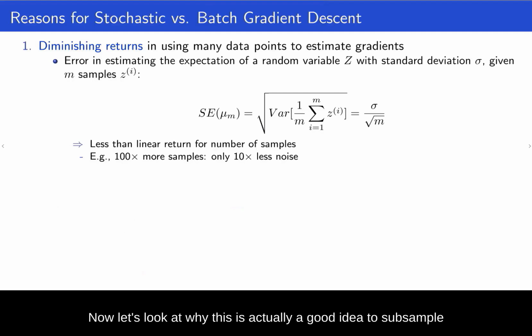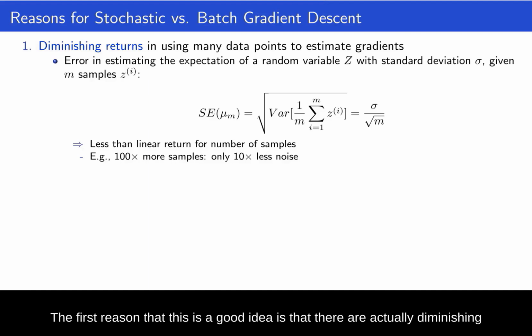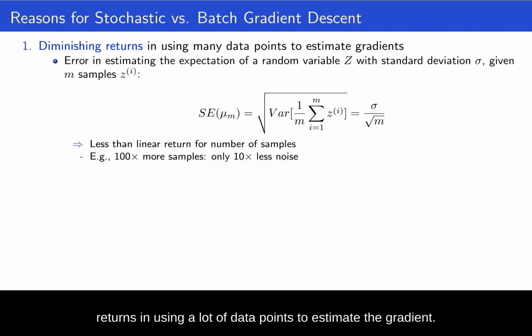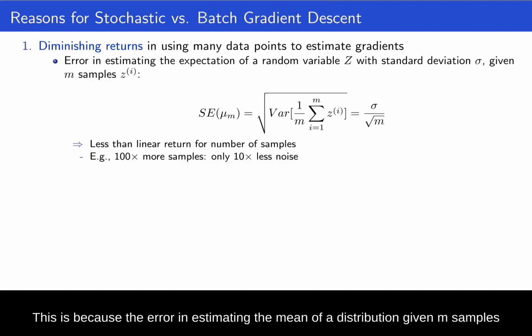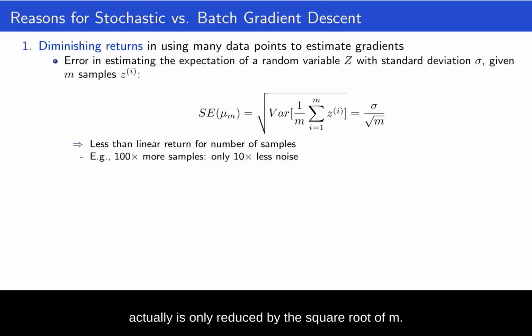And now let's look at why this is actually a good idea, to subsample the data points and compute approximate gradients with respect to those. The first reason is that there are actually diminishing returns in using a lot of data points to estimate the gradient. This is because the error in estimating the mean of a distribution given m samples is only reduced by the square root of m.